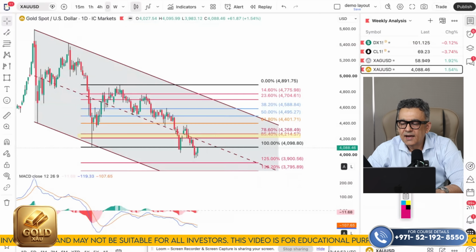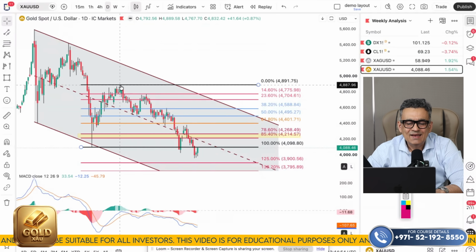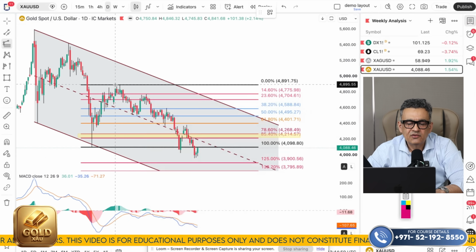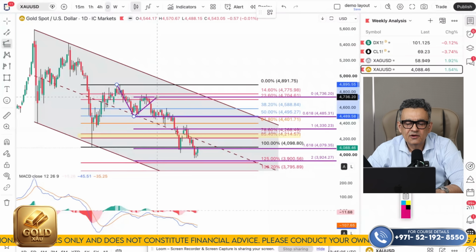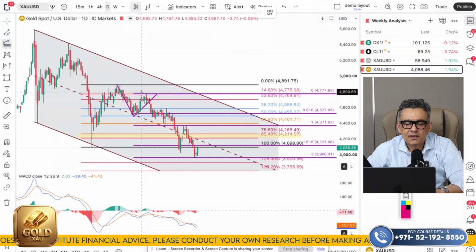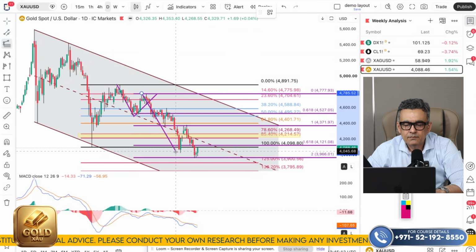Now I'll be quickly adding fib extensions on the last leg down here. So let's apply bearish extension. This is taken as the highest point of the last leg down. I'm connecting my first bearish extension, and then I'll be adding my next bearish extension here.